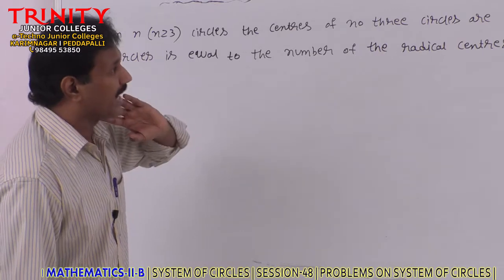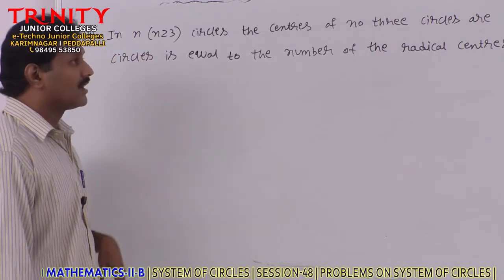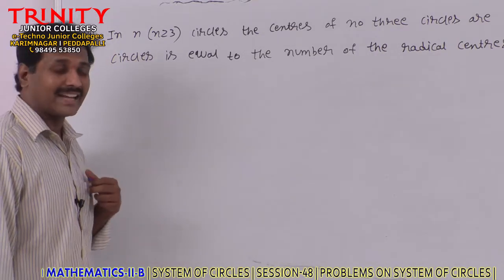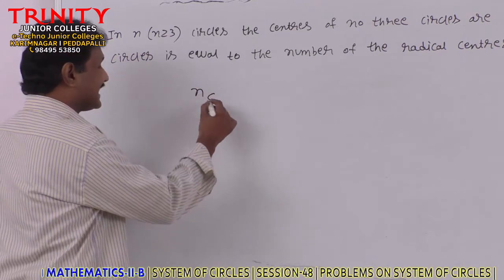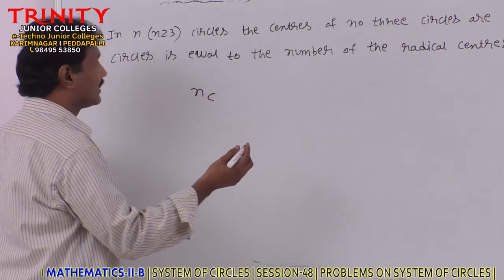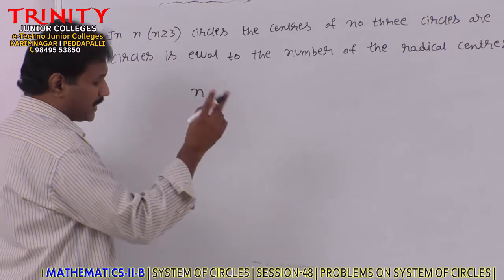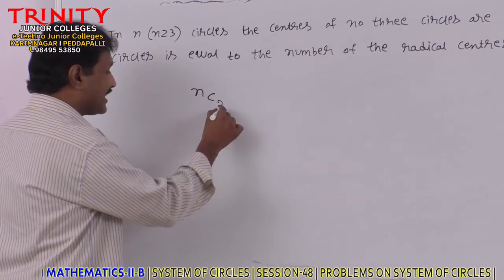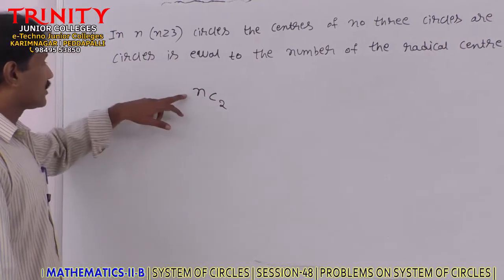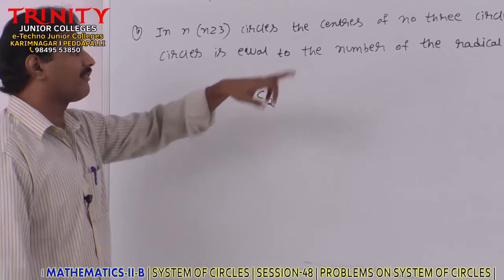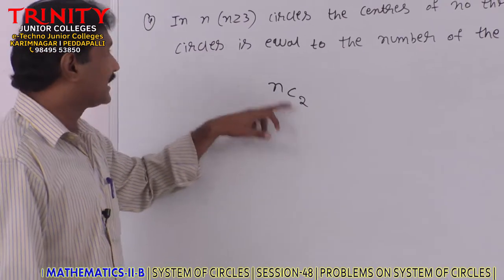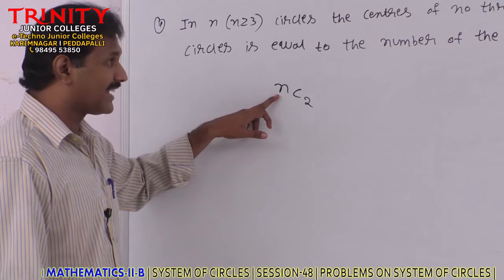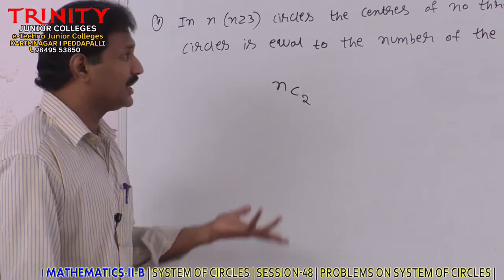Generally the number of radical axes has the formula nC2, since a radical axis is possible between 2 circles. Suppose 4 circles are given, the number of radical axes is 4C2. If 3 circles are given, the number of radical axes is 3C2.